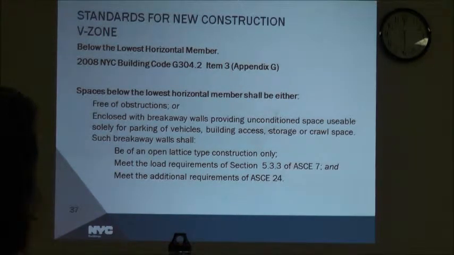Now for V-zone type construction, previously I mentioned for A-zone you can have this wet flood-proofed enclosure with solid walls. That's not permitted in the V-zone. ASCE 24 says that you have to have solid breakaway walls. New York City went a bit further and amended ASCE 24 to say that you have to have open lattice type construction underneath.